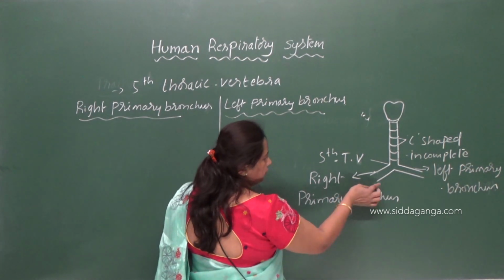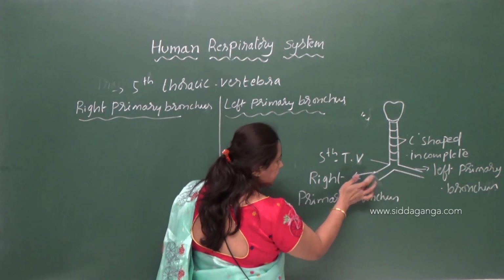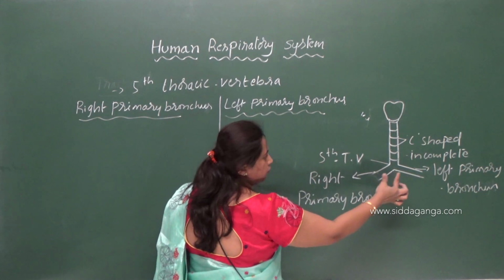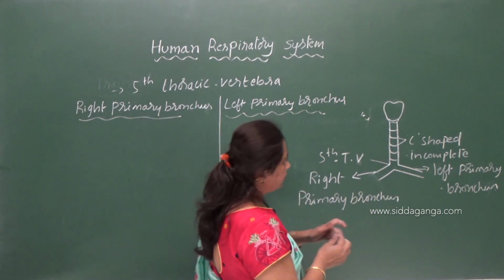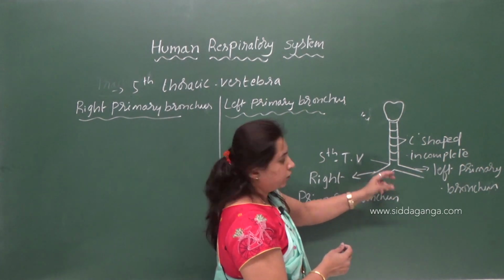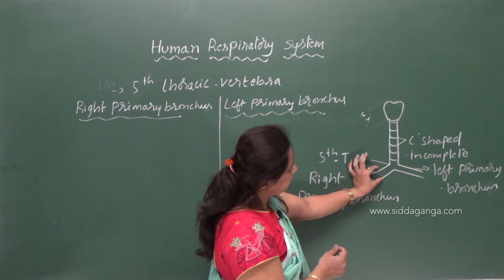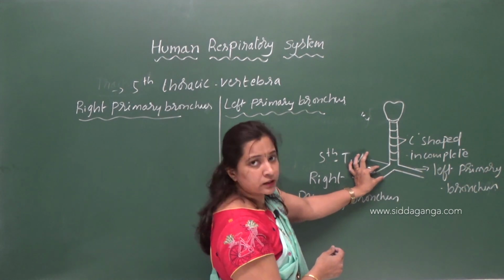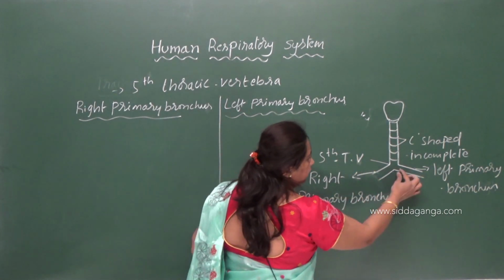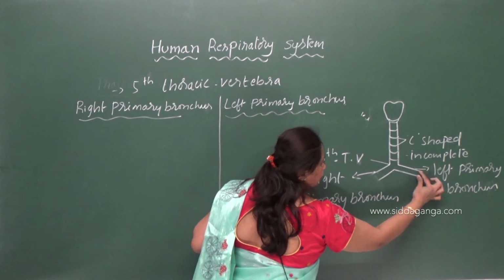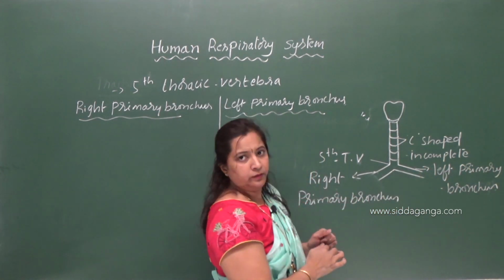See, the right primary bronchus is short when compared to the left primary bronchus. And see the size of the lumen: the right primary bronchus is wider, whereas the left primary bronchus is narrower than the right one.